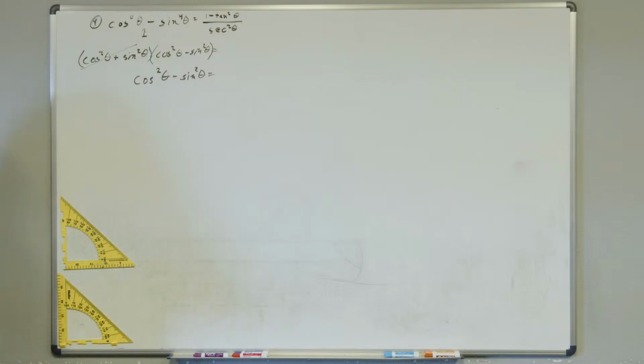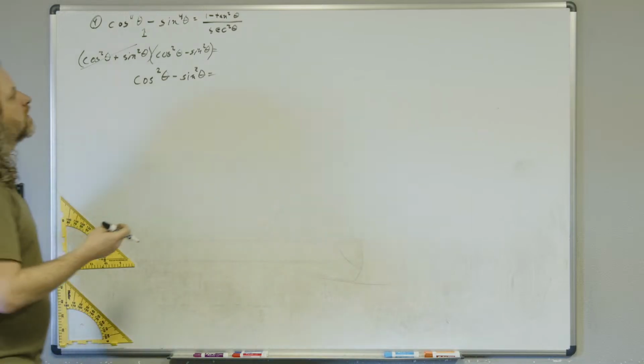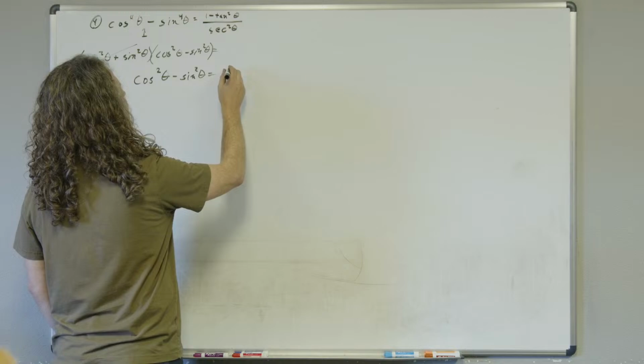Now's where we start being like, okay, we could go a lot of different ways. What could we do? Secant squared theta: since it's in the denominator, wouldn't it turn into cosine in the numerator? If you want to do it that way, sure. This is not the path that I walked down, but let's do it.